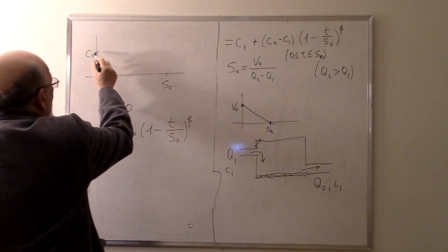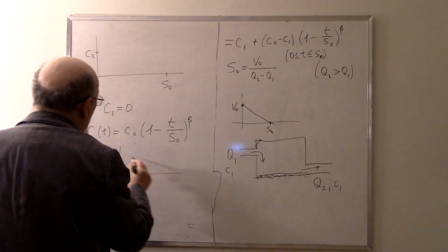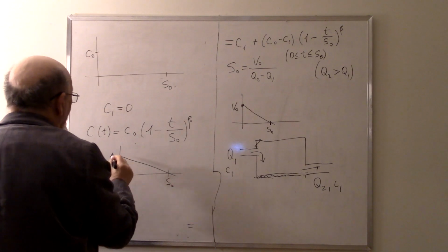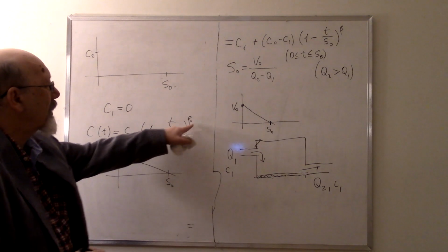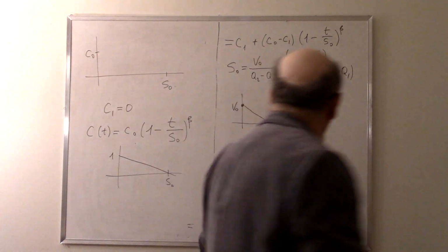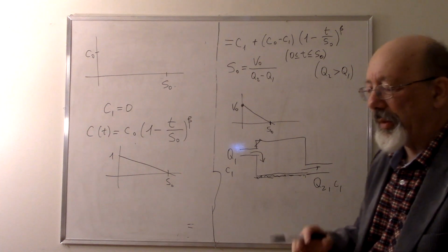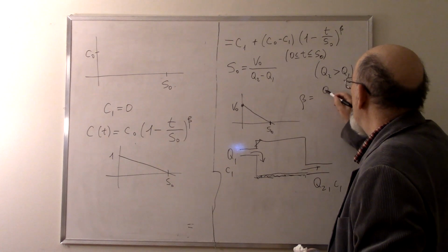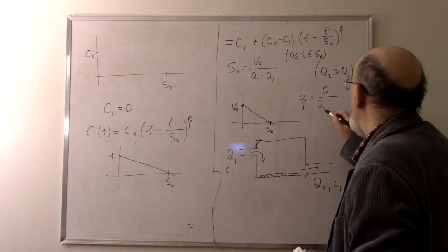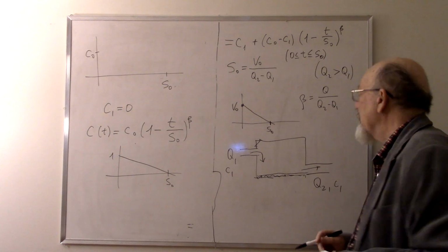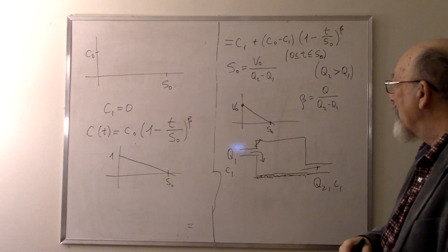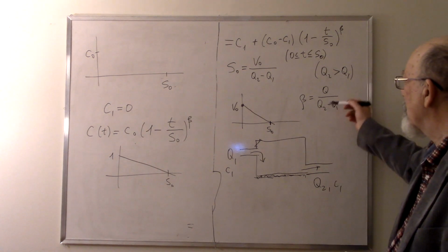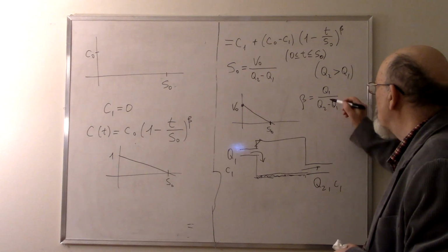Yes? So 1 minus t over S0 is this function. Depending on the relation between Q1 and Q2, beta equals Q1 divided by (Q2 minus Q1). So it can be an arbitrary positive number from 0 to infinity, depending on the values of Q1 and Q2.